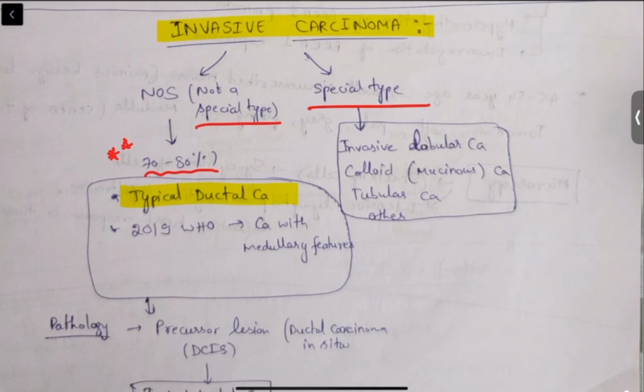In this, all other types like invasive lobular carcinoma, colloid carcinoma or mucinous carcinoma, tubular carcinoma, and other carcinomas are included. Till 2019, carcinoma with medullary features was also included under special type, but since 2019, WHO has included carcinoma with medullary features under no special type. So no special type is most of the breast cancer, about 70 to 80%. The rest come under special types.